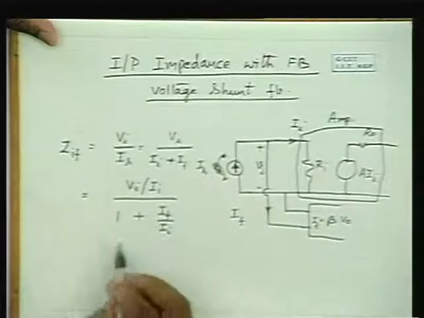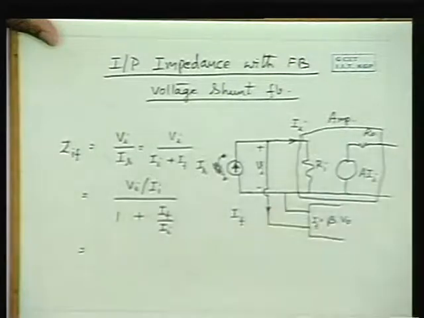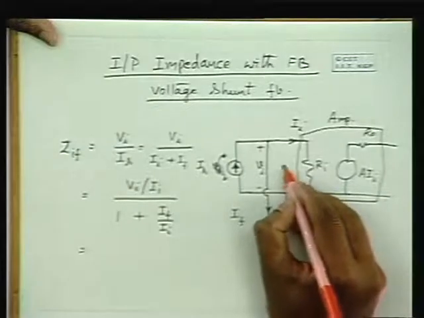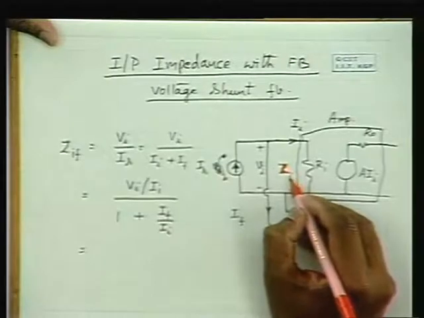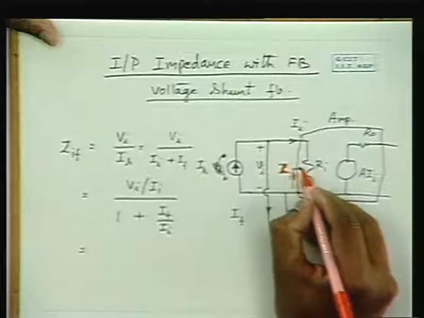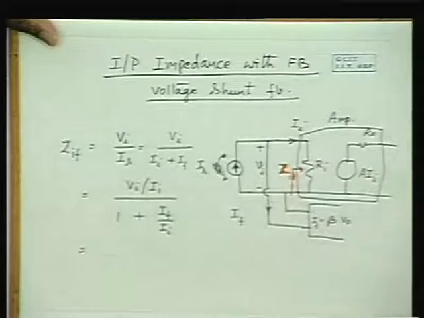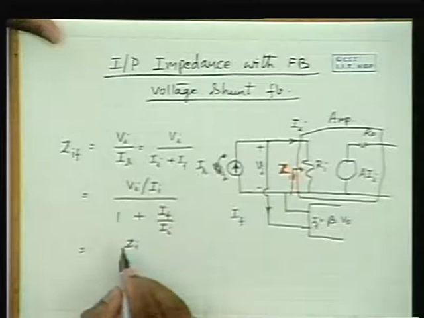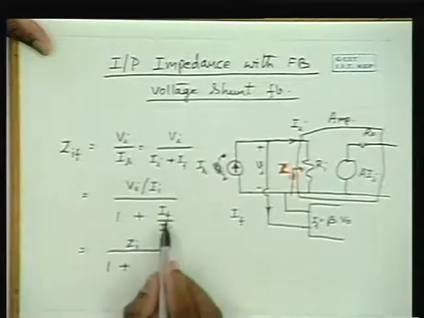By substituting that, I get Vi by Ii. If I designate the input impedance as a complex quantity, it is Zi, the input impedance of the amplifier without feedback, that is Vi by Ii. Therefore this is equal to Zi divided by 1 plus If by Ii.